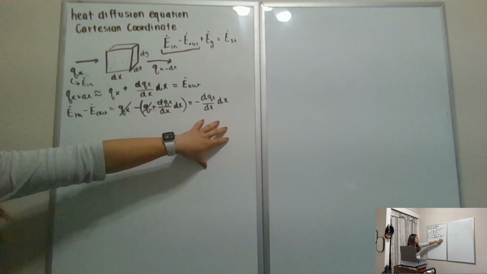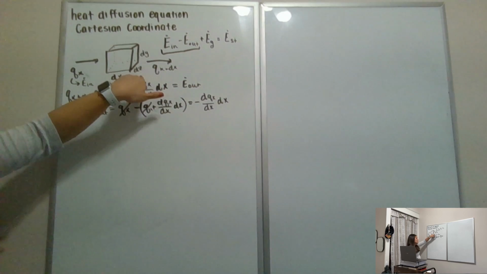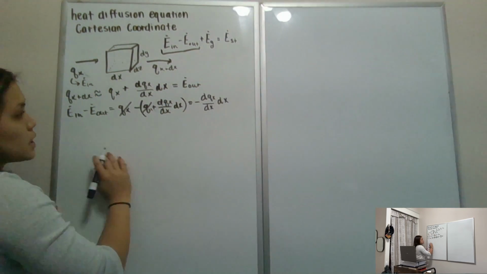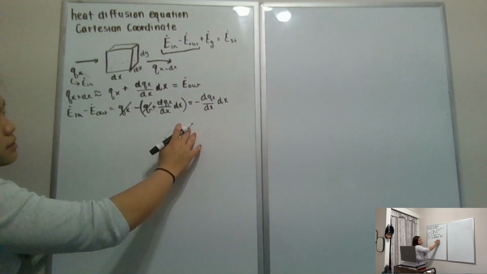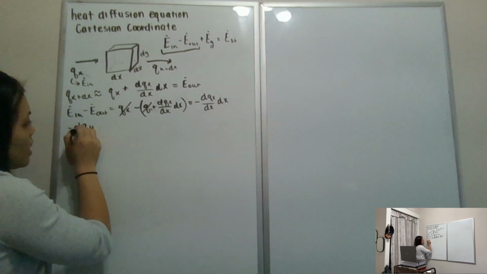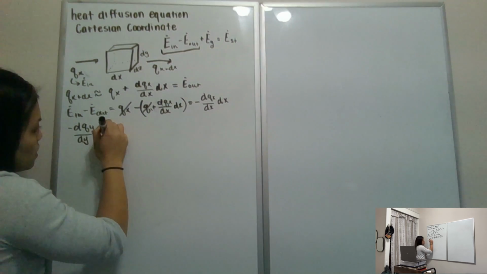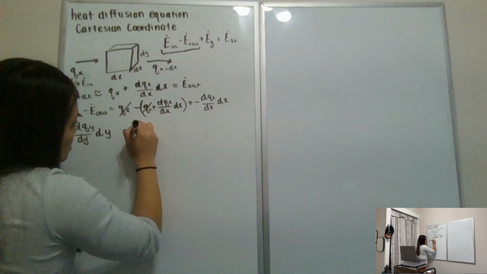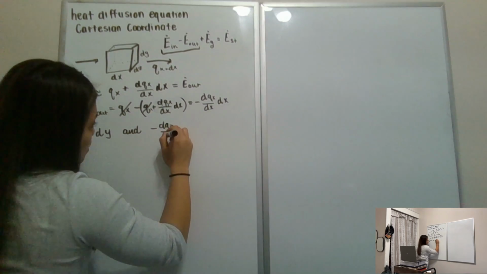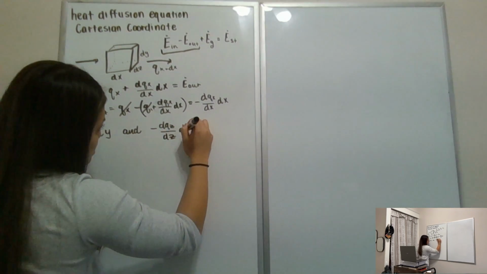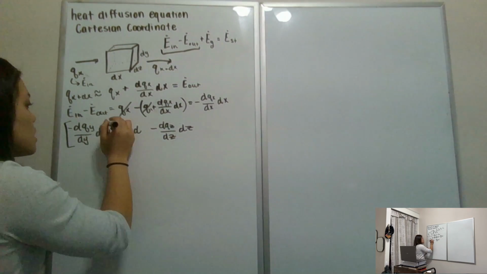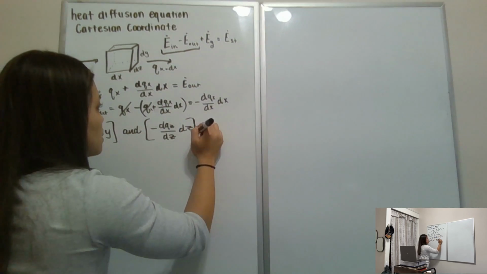We can likewise do this for the y and the z direction, and that would get us the same thing: negative dqy over dy and negative dqz over dz. These two just follow the same logic as this one.